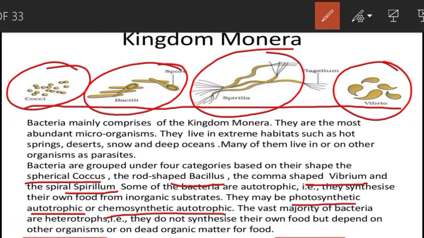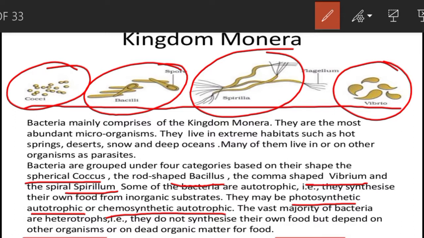Second type of sexual reproduction is transformation. This process was discovered by Griffith in 1928. It is a process where segments of DNA are transferred from one bacterial cell to another via the liquid medium. And the last one is transduction. During this process, the segments of DNA are transferred from one bacterium to another by viruses.